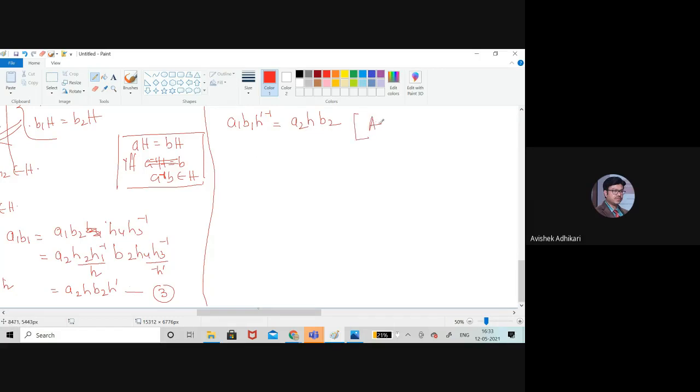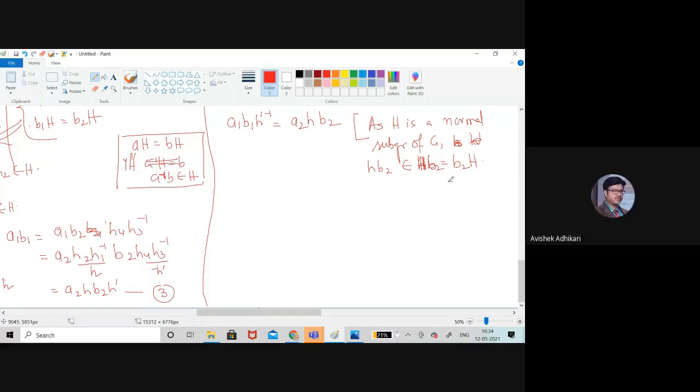So as H is a normal subgroup of G, H B2 belongs to capital H B2, right? Yes, sir. That is the same as B2 capital H, H double dash.